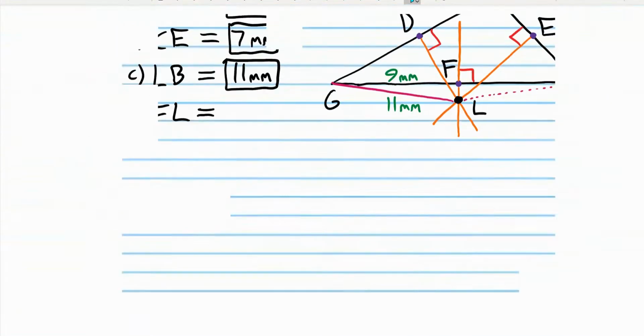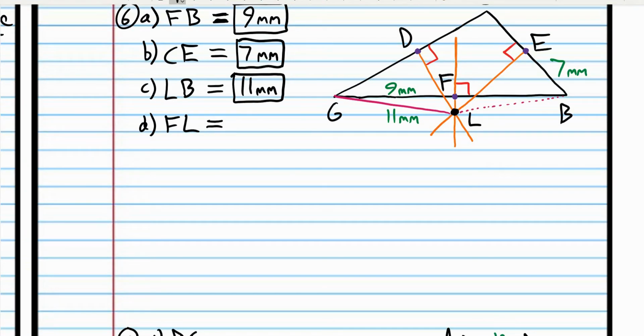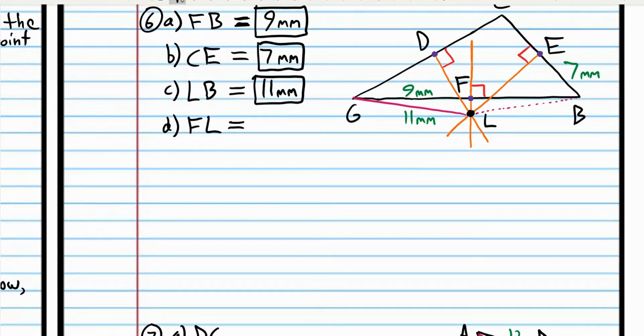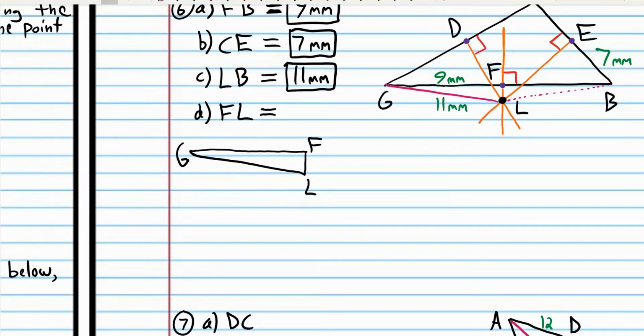And for this one, it looks like we're going to have to use a right triangle again. So I'm going to pull that triangle out. This is F, and this is L, and this is G. And we know that GF is 9 millimeters, and we know that GL is 11 millimeters, and we're looking for FL.